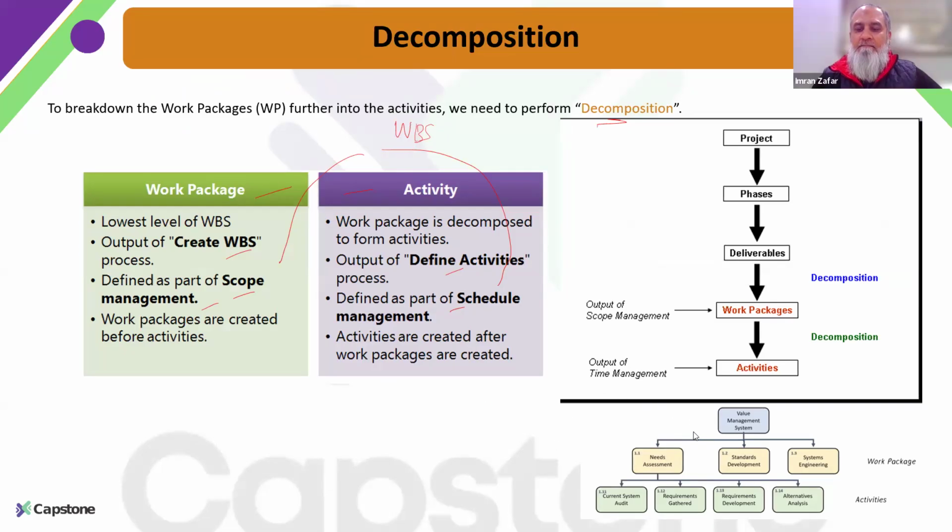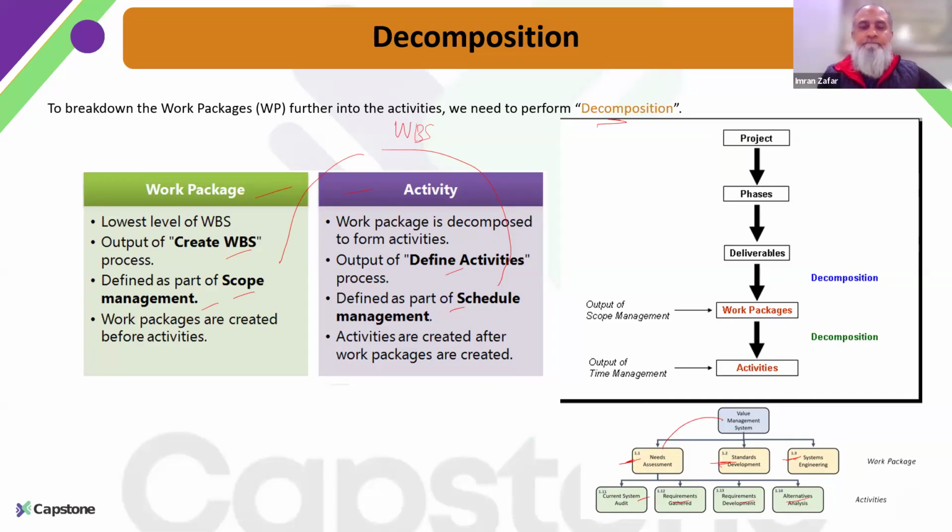This is an example of a work breakdown structure. This is not some terminology. It is just an example: this value management system is the complete project, and then we have these deliverables, or you can say these are the work packages that are part of this project, and then these work packages will require these activities to complete the work package or the complete project. This is just an example.